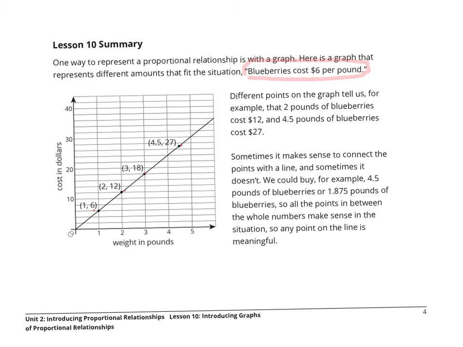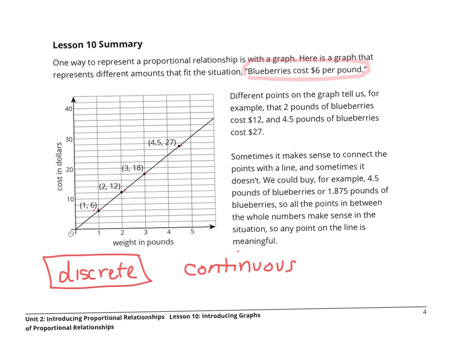There's a name for that. A graph like this is called a continuous graph, sorry. A line that's just a bunch of points is called a discrete graph. And you can take a whole math class that's about discrete graphs. Kind of interesting stuff.